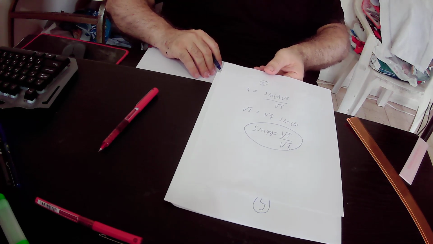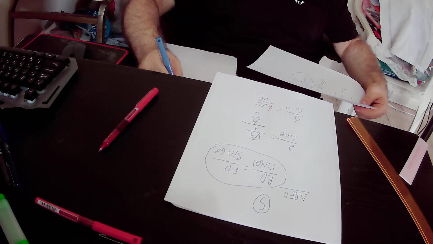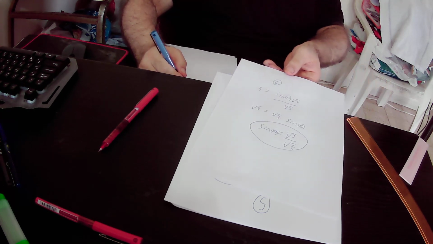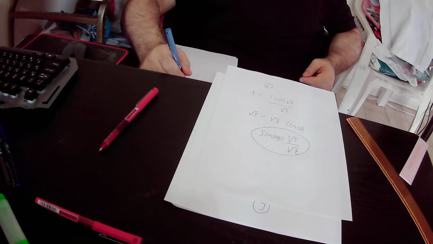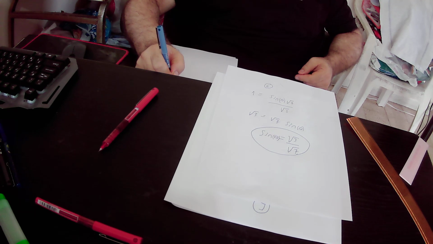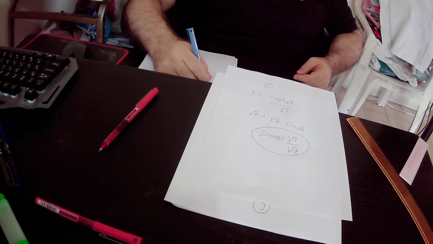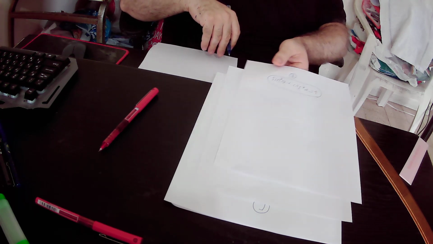Okay, so we know the value of sine theta, and we will get the value of cosine theta from the trigonometric identity that states that sine theta squared plus cosine theta squared equals 1.